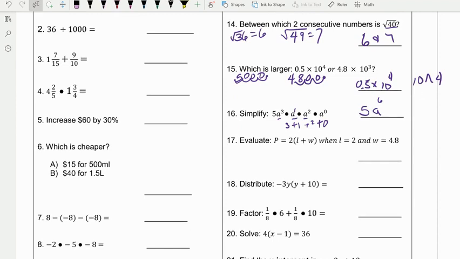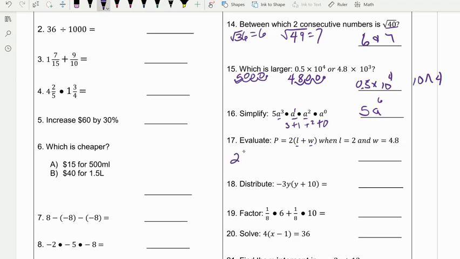All right, so number 17, it's dealing most of the time with a formula or solving something. So in this case, they tell you that the L is a 2 and the W is 4.8. So we're just going to replace L and W with 2 and 4.8.